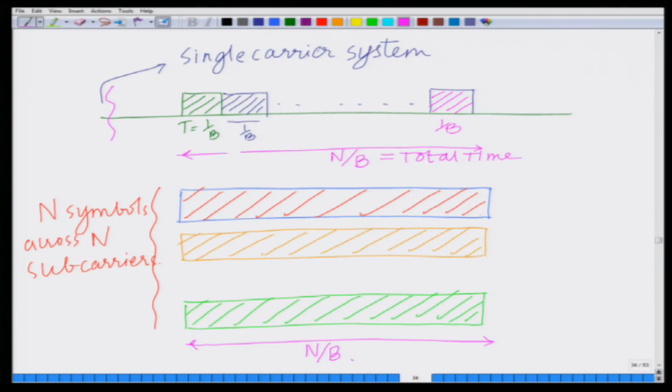So, here we have a pictorial comparison between a single carrier and a multi-carrier system. In a single carrier system, we have a bandwidth of B, the symbol time is 1 over B, so we have symbols at 1 over B, 1 over B. In time N over B, we are transmitting N symbols, correct.